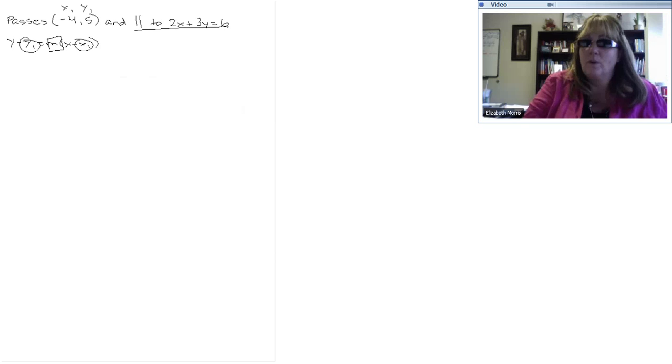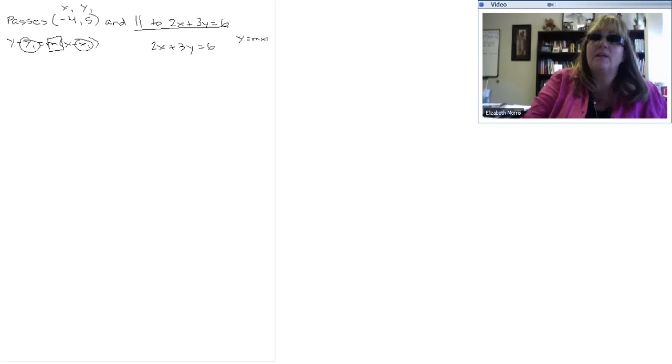What did we learn in the last section? Parallel lines have the exact same slope. So what is the slope of 2x + 3y = 6? Well, if we put it into y = mx + b form, then we'll know the slope is whatever's in front of the x. So move the 2x over, you get 3y = -2x + 6.